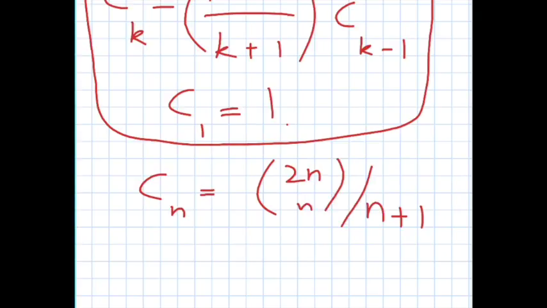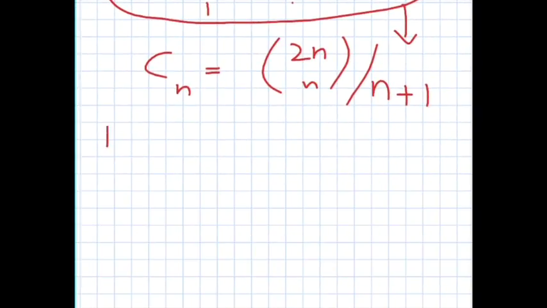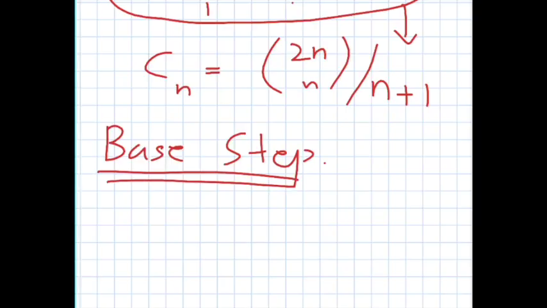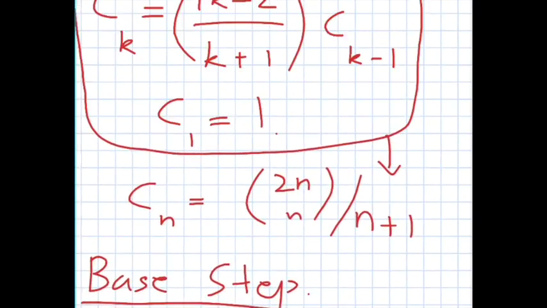Now we will choose the mathematical induction process to prove whether this recursive relationship gives rise to this expression or not. As usual, we'll say base step. Our base step is, remember, the first Catalan number is always 1, it is defined.